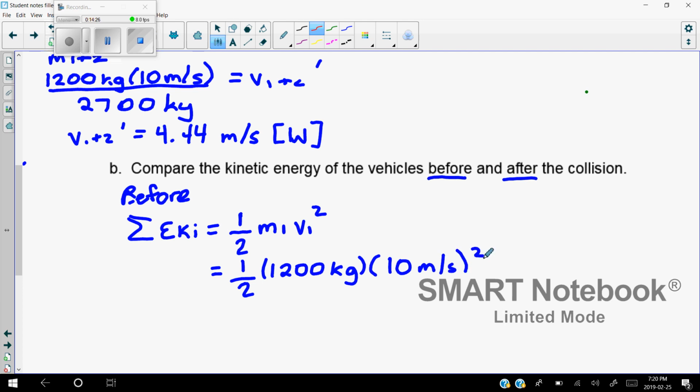And square that. Okay, go ahead and type that into your calculator. And that gives you 60,000 joules. So we have now found the kinetic energy before. Now let's find the kinetic energy after.